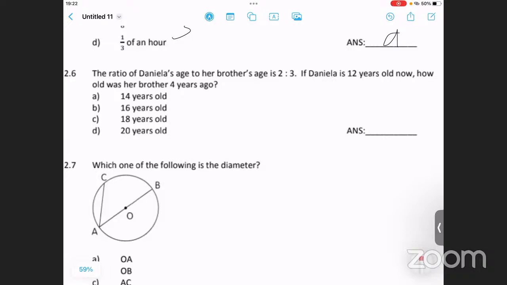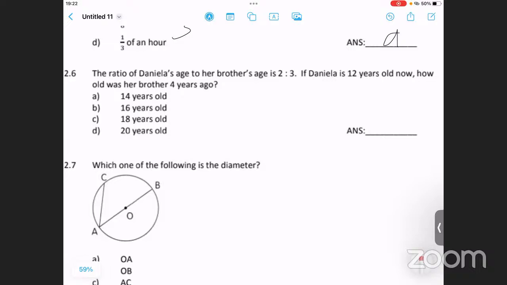How did you get to 12? Sorry, ma'am, I saw my mistake. I'm recalculating it. Okay. He was 14, ma'am.